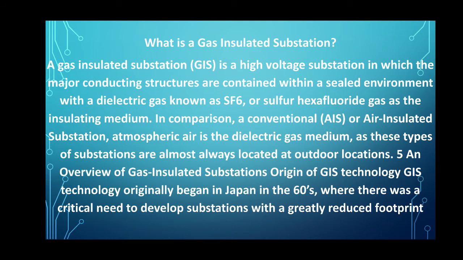Next we have to see what a gas insulated substation is. The gas insulated substation is a high voltage substation in which the major conducting structures are contained within a sealed environment with a dielectric gas. This gas is known as SF6, which is nothing but sulfur hexafluoride gas, the insulating medium in a gas insulated substation.